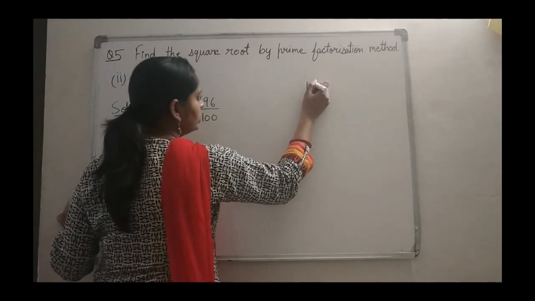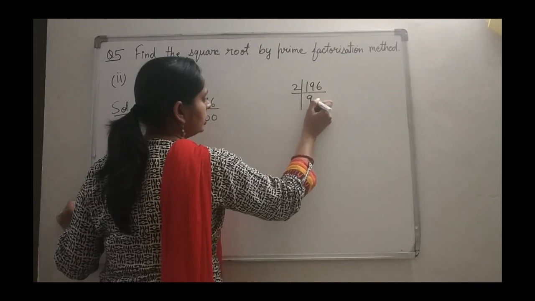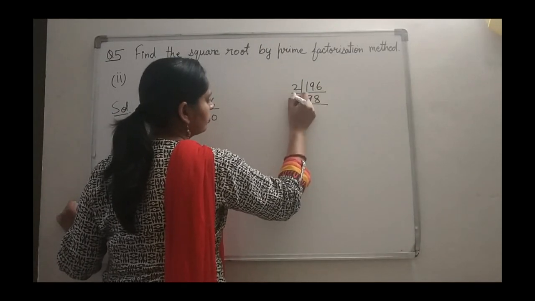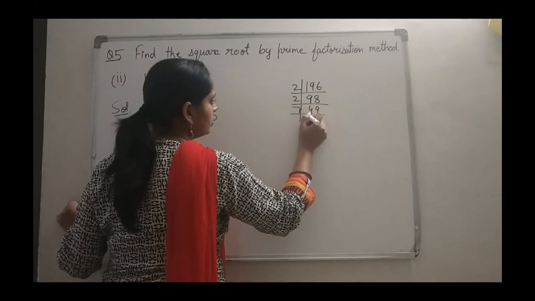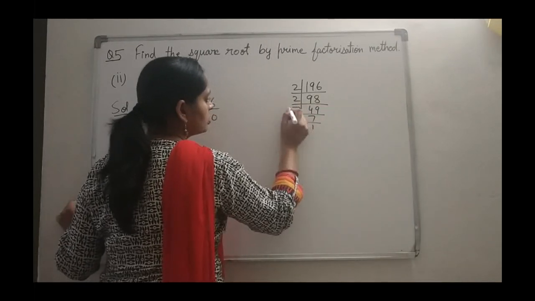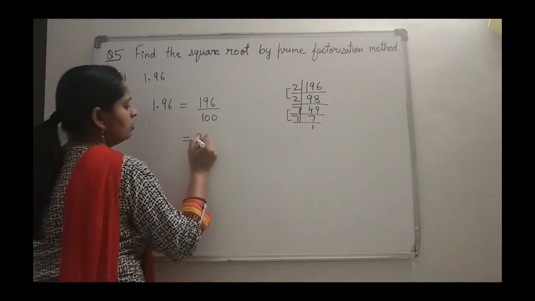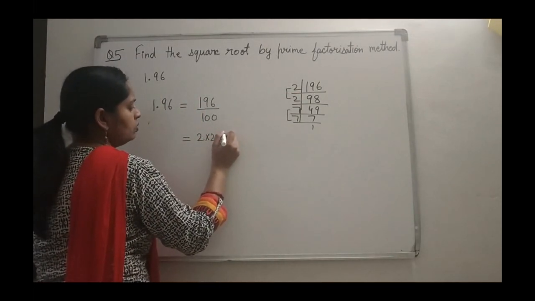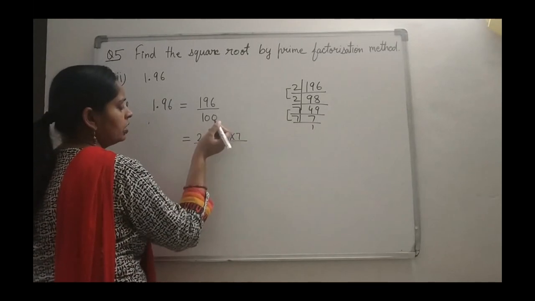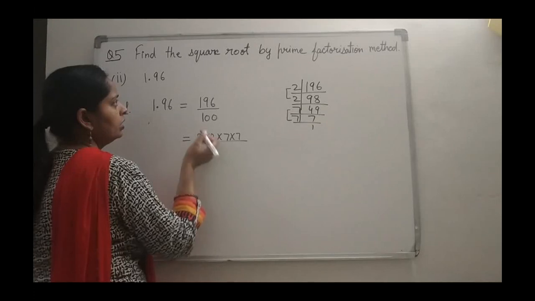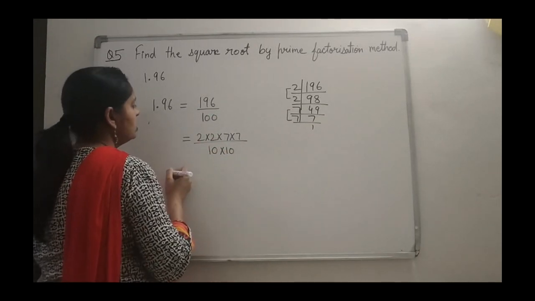So for 196, 2 9s are 18, 2 8s are 16, 2 4s are 8, 2 9s are 18, 7 7s. So we got a pair of both. So this is equal to 2 into 2 into 7 into 7. And for 100, either we can go for the prime or we need to find the square root. So better to write 10 into 10 only. That will be easy for us.